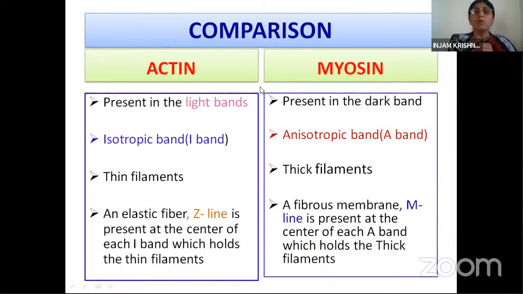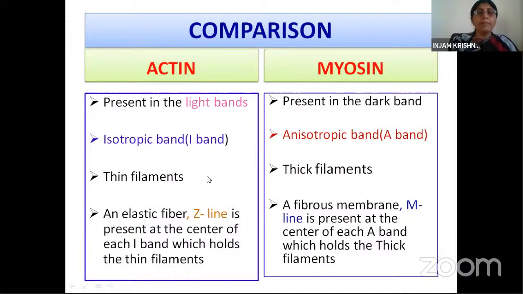I think you know, you can compare on your notebook without watching this also, because already you have understood the structure of the actin and myosin completely. You can write: present in the light bands; it is present in the dark band. Actin is the isotropic band, I band. Myosin is the anisotropic band, A band.